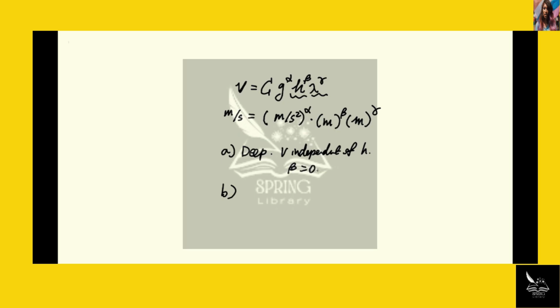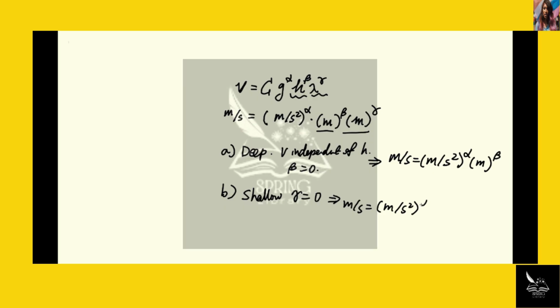And in shallow water, V is experimentally found to be independent of the wavelength. So gamma equals 0. This helps us break the tie, because now we only have one quantity with the unit of meter. So meters per second equals meters per second squared to the alpha times meters to the beta.